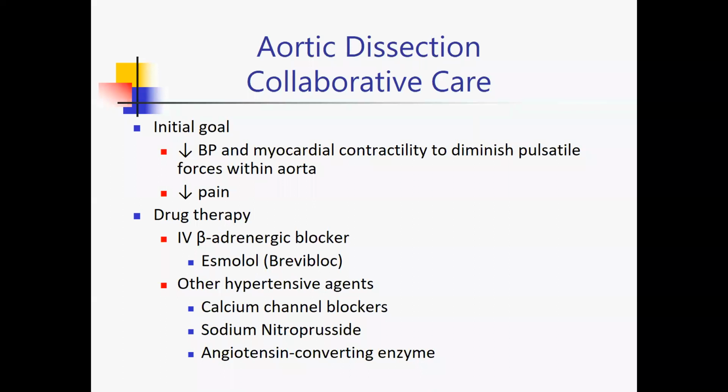Sure, you will. The other thing you need to think about is IV beta blockers. One that you can give IV, an example, is Esmolol, Brevibloc, and that will act quick, get it down. It will act to get that blood pressure down quickly. Other antihypertensive agents that you may use and see are calcium channel blockers.